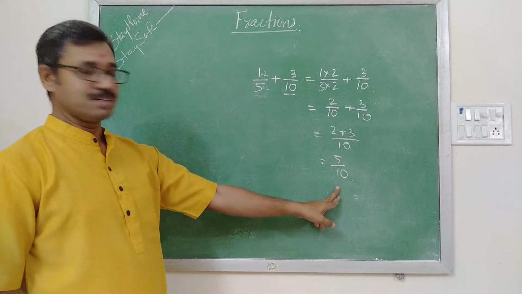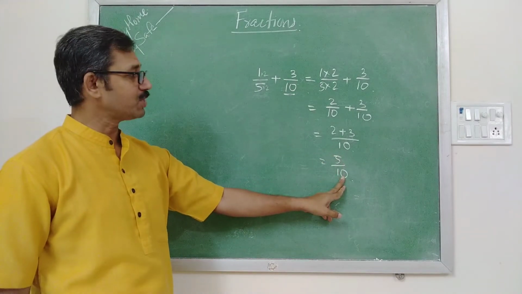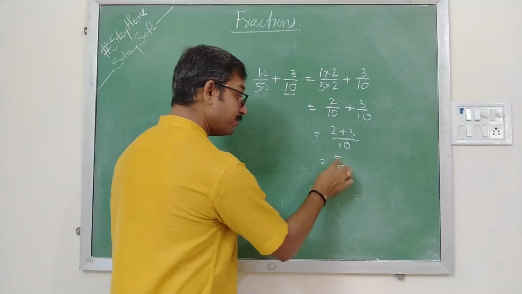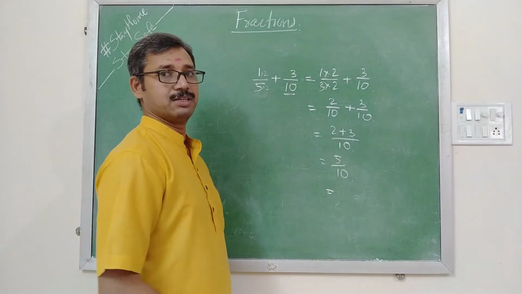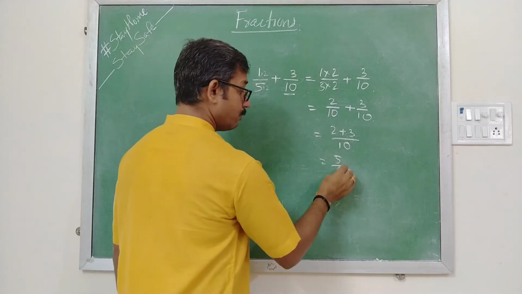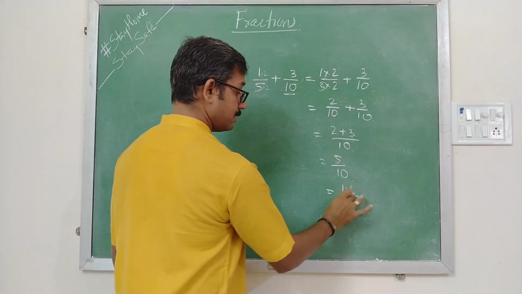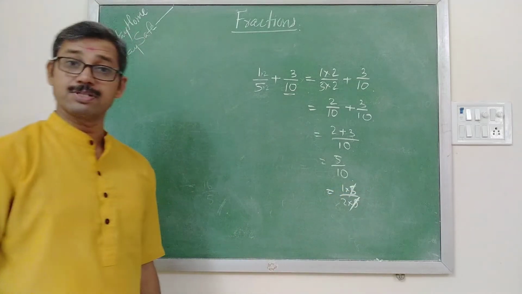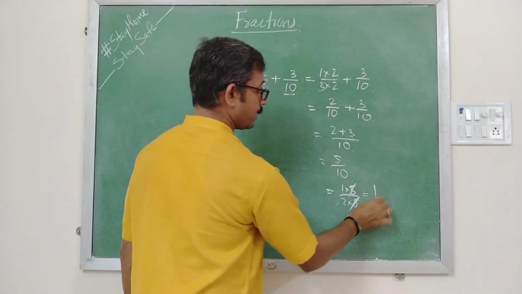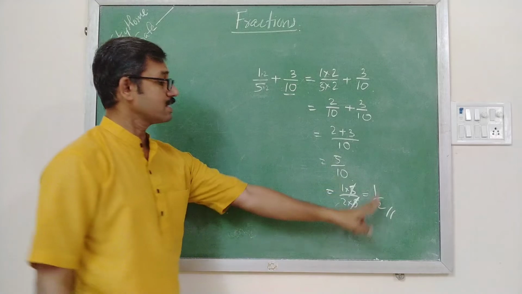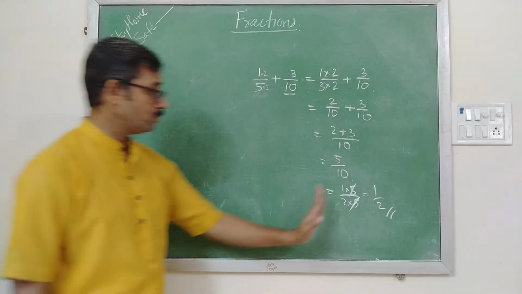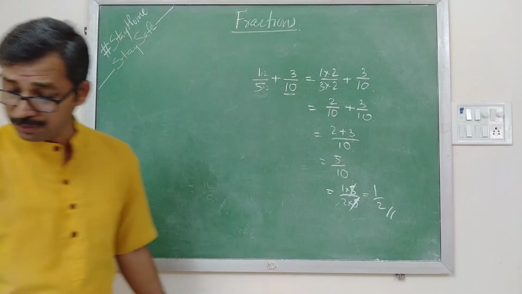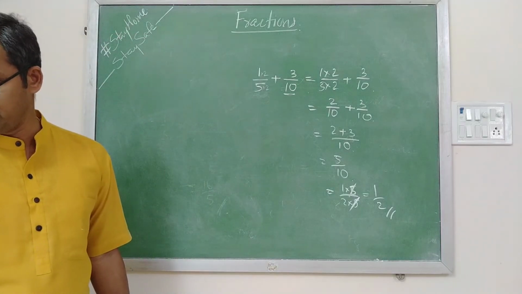Now 5 upon 10 again we can convert into an equivalent fraction. 1 5 is 5, 2 5s are 10. Now 5 is common, so you can convert it into 1 upon 2. So we can write the answer as 1 upon 2. This is converted to the equivalent fraction.